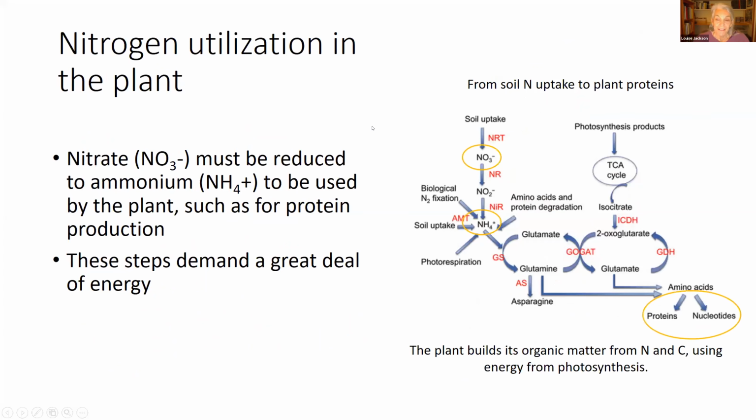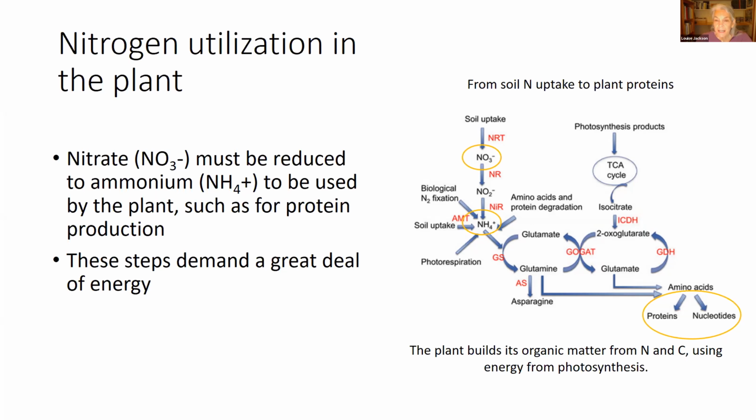So this rather daunting diagram on the right shows the pathway of soil nitrogen uptake by the root to plant proteins. And the important message I want to give is this is a very energy consuming process. In fact, some people say it's one of the most energy intensive processes in biology.